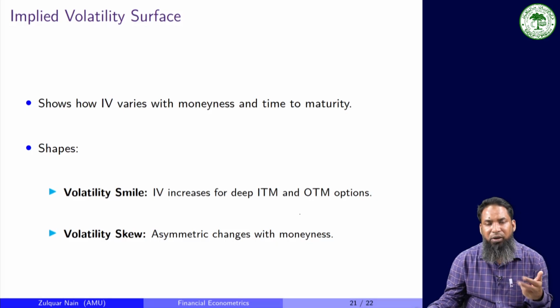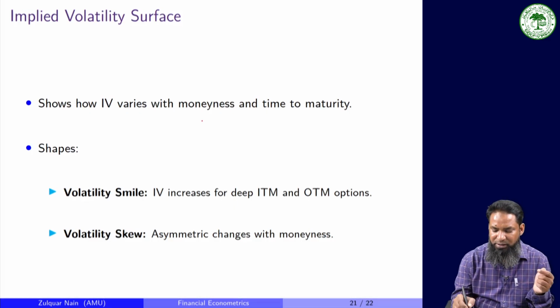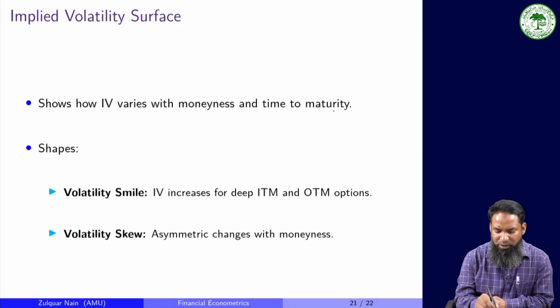Then we have the implied volatility surface, a concept related to implied volatility. What it says is how implied volatility varies with the moneyness and the time to maturity. So what is moneyness?